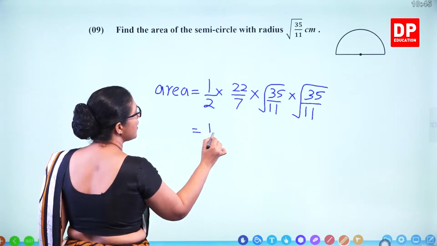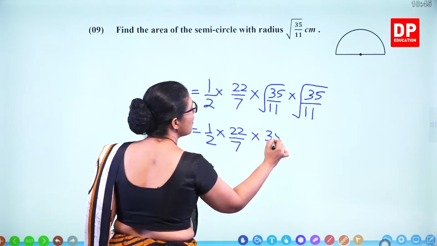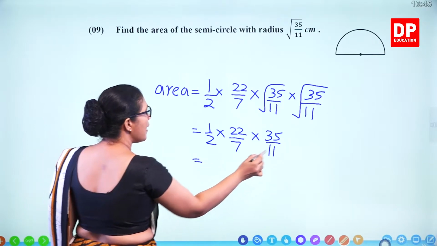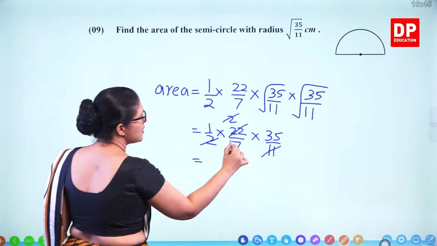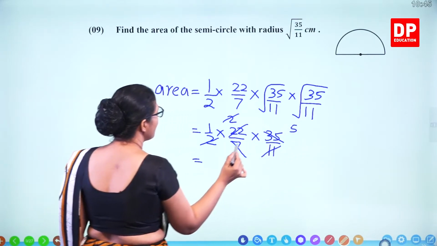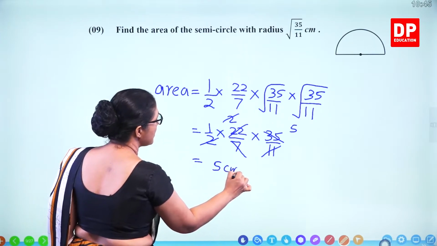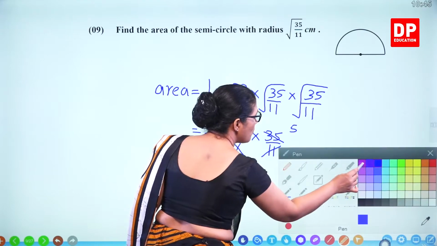So you can write half into 22 over 7 into 35 over 11. Now simplify. 11 times 2 and this 2 get cancelled out, this 2. 7 times 5. So what's the area? 5 square centimeters. So you get 2 marks for that.